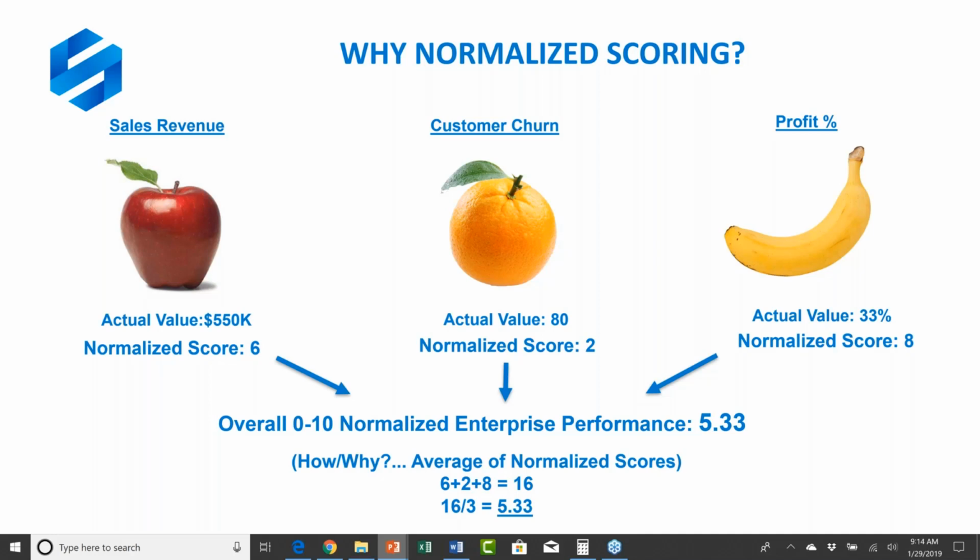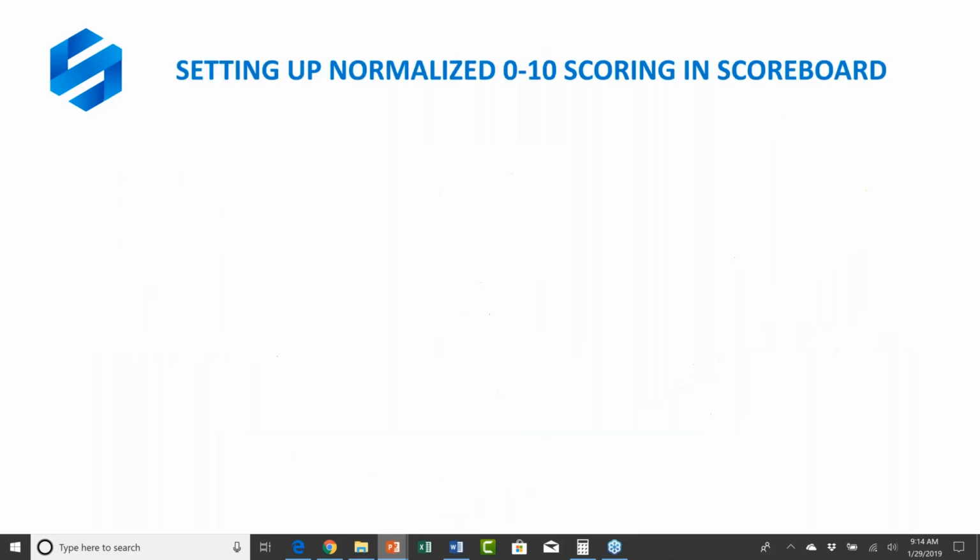The 6 plus the 2 plus the 8 is 16. Divide that by 3, and you get your overall performance score of 5.33. So that's the why behind it, to give us, if you will, a common or shared playing field where very distinct KPIs can all be evaluated together to gain overall understanding of enterprise performance.